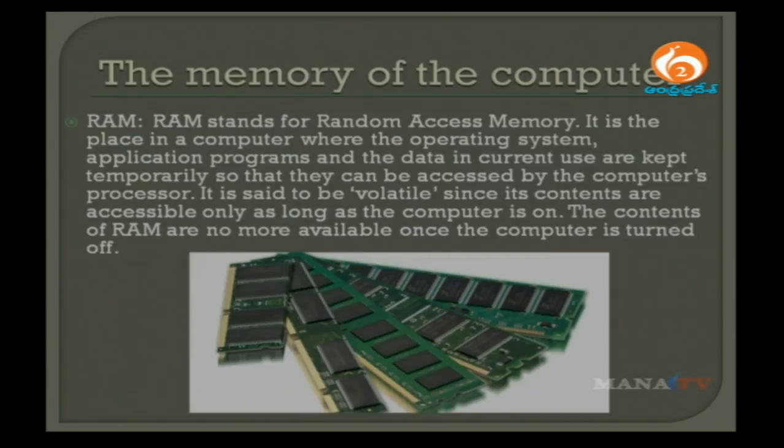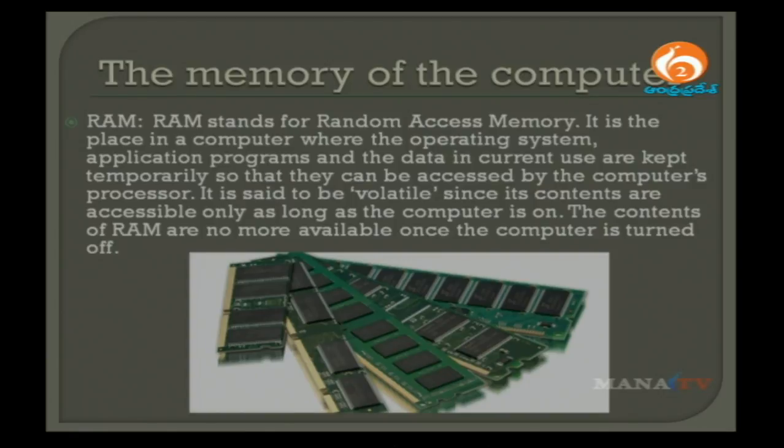So now let me go deep into explaining the memories of the computer. Let us see the PPT. As I said, the memory of the computer initially starts with RAM, which is also called the primary memory. RAM stands for random access memory, which I already told you.